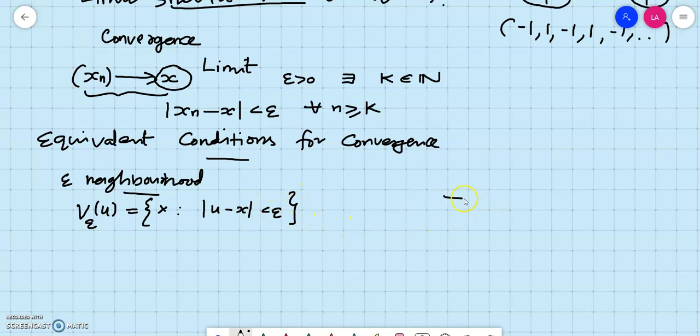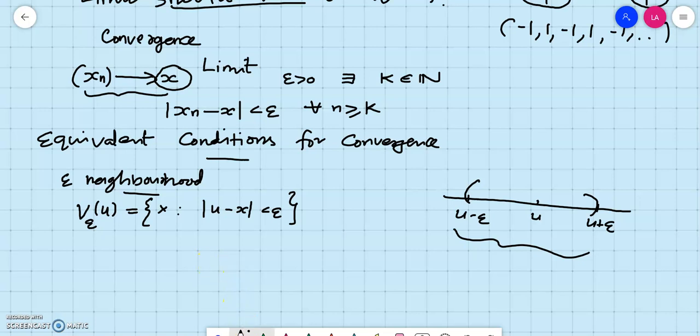In number line terms, we have a point u, with u minus epsilon and u plus epsilon on either side. All the points in between this interval are called the epsilon neighborhood of that point. So keep this in mind. In sequence convergence terms, this should be an epsilon neighborhood of x.